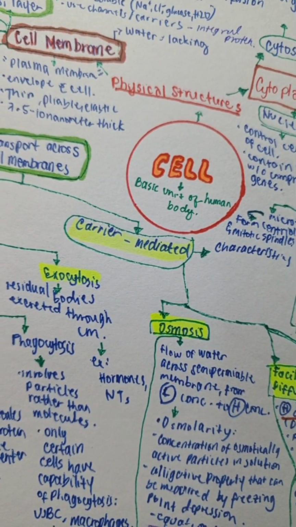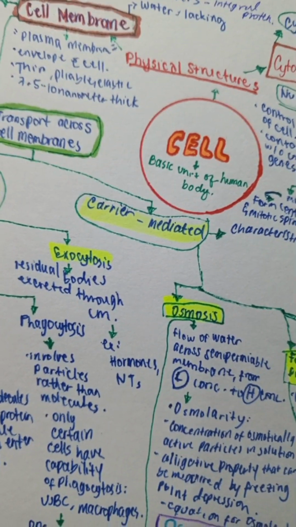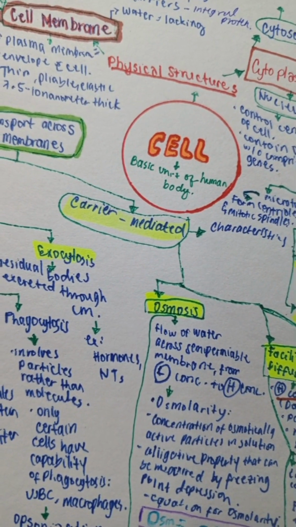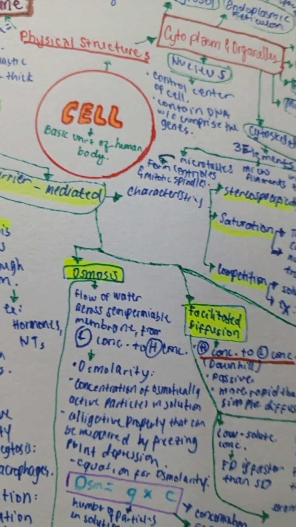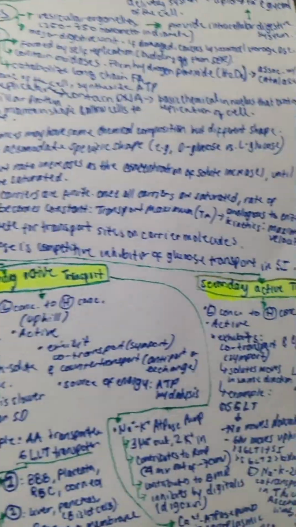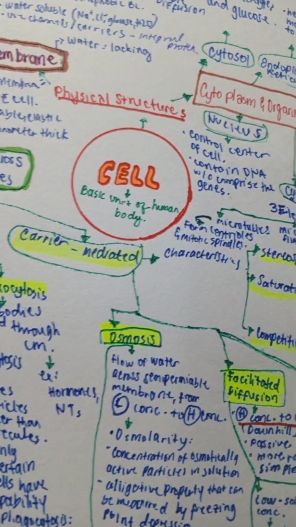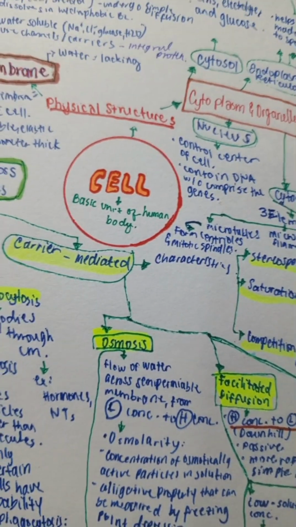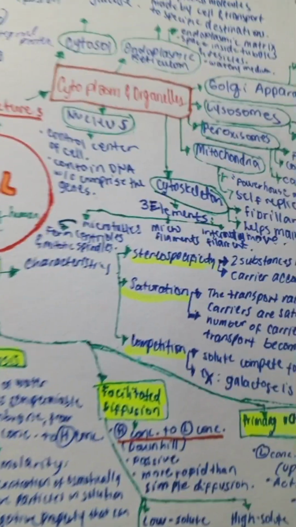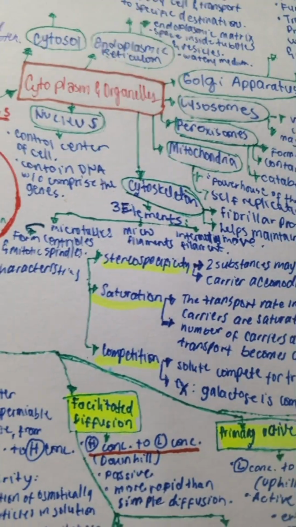Now let's go to another type of transport across the cell membrane, the carrier mediated. This transport uses a carrier, and includes osmosis, facilitated diffusion, primary active transport, and secondary active transport. Okay, first let's discuss the characteristics of carrier mediated: stereospecificity, saturation, and competition.